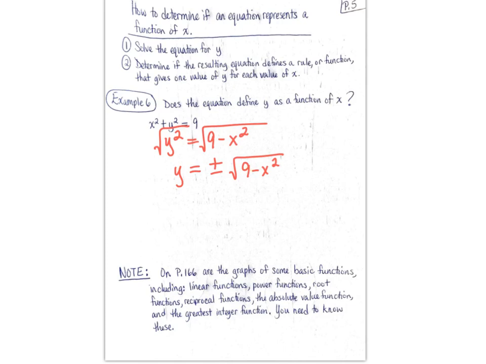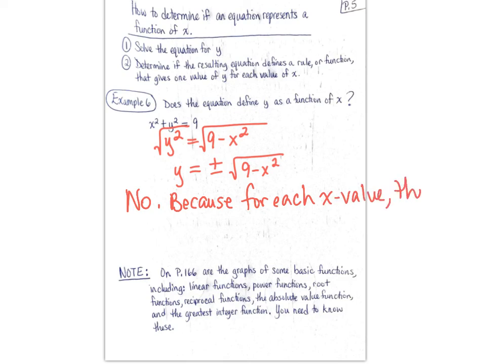It's not a function, right? So the answer is no, this equation does not define a function because for each x value, there are two y values. Okay? And you can look in your book for examples of equations that do define a function.